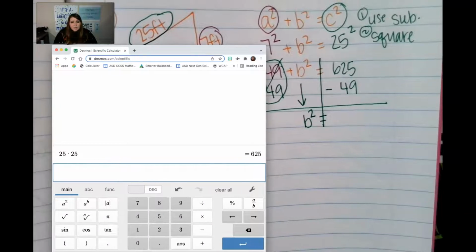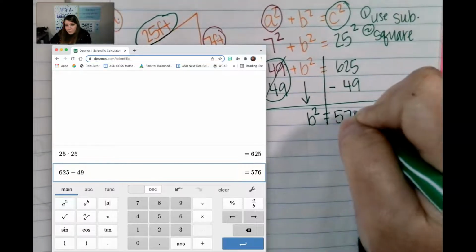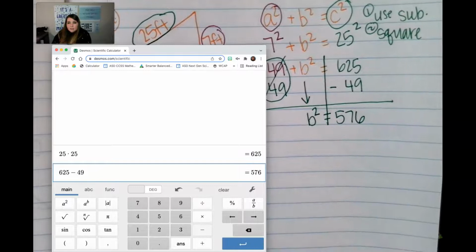So I'm going to take 625 and I'm trying to still learn how to use this thing. So we're going to take 625 and we are going to subtract 49, and that gives us 576.